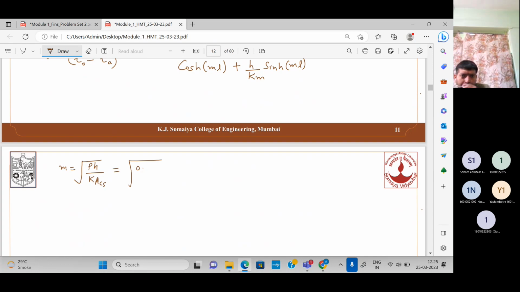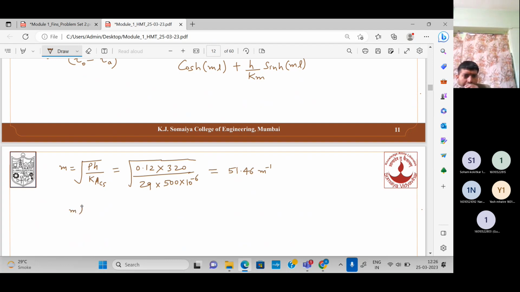So P is 0.12, into h is 320, k is 29, and cross sectional area is also given, 500 into 10 to the power minus 6. Just calculate this. The calculated value is 51.46, and the unit of m will be per meter.